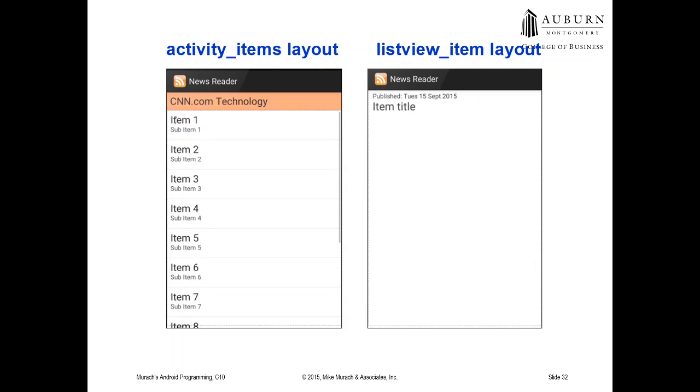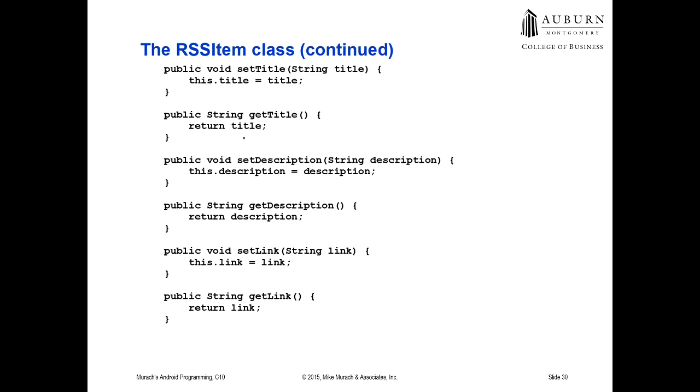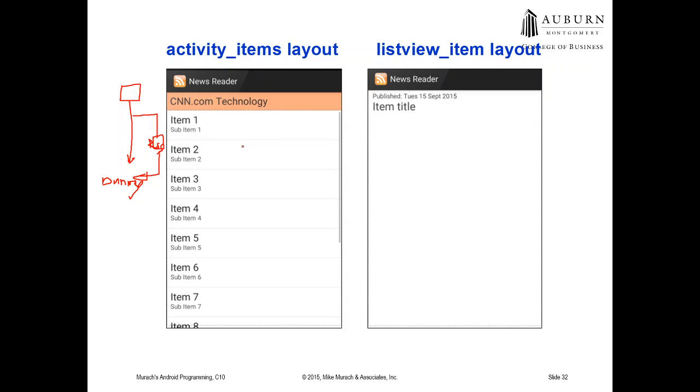At start you don't have any items, and you show dummy items, and then a new thread will be started and get the RSS. And once the RSS is updated, you have to replace the dummy items with the parsed RSS items. That's how this application runs. Alright.